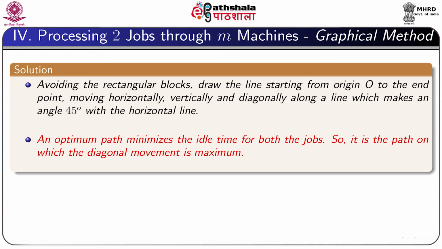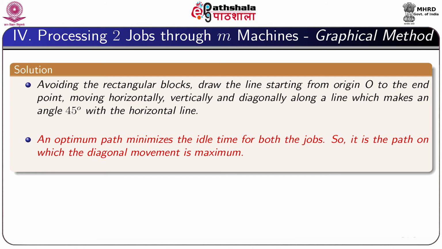Now, avoiding the rectangular blocks, we draw the line starting from origin 0 to the end point or finishing point, moving horizontally, vertically and diagonally along a line which makes an angle of 45 degrees with the horizontal line.